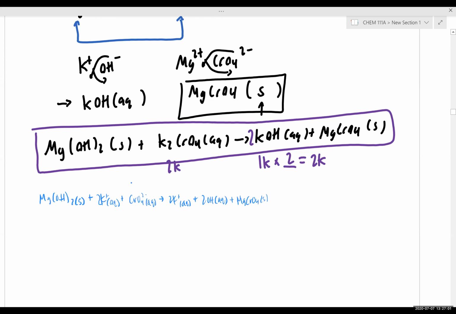And looking at the student responses, the proposed total ionic equation looks perfect. And in the chat, I would double check the net ionic equation. Remember, you only dissociate your soluble ionic compounds, strong acids, and strong bases for your net ionic equation. So the proposed response in the annotate feature looks perfect. Now all we have to do is cancel our spectator ions.